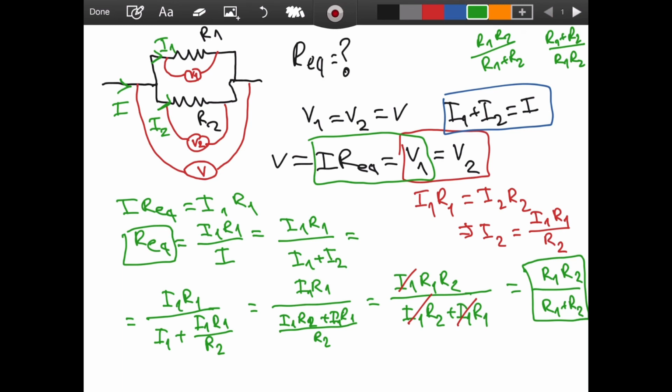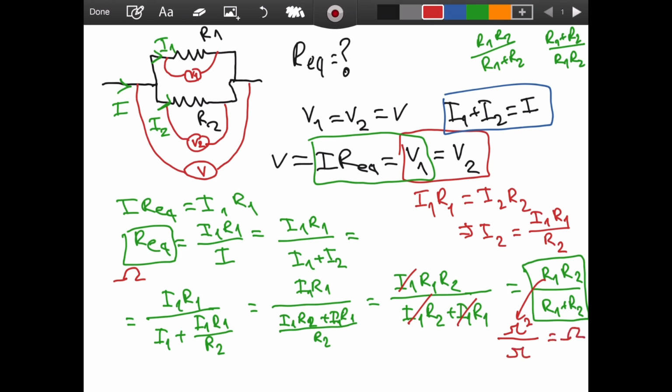You just do a dimension analysis. So you look at the units. The unit that we have on the left is ohms, right? And on the numerator here, we have ohms squared, divided by ohms plus ohms, which is ohms, so that we get ohms again.